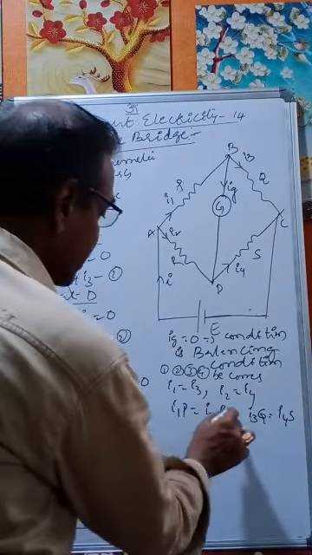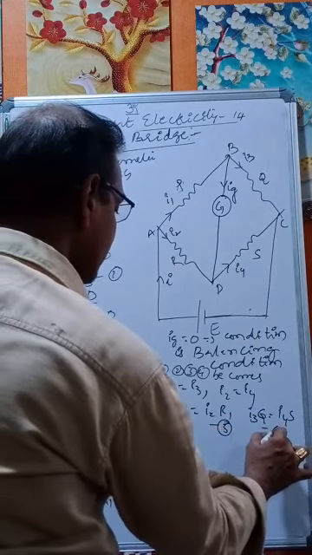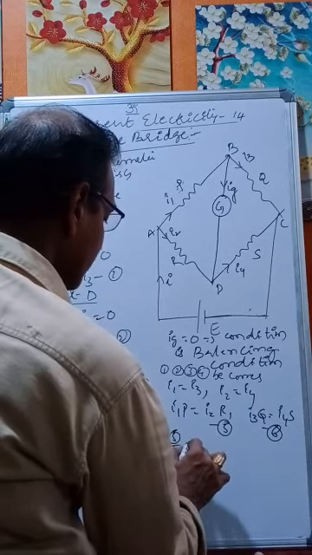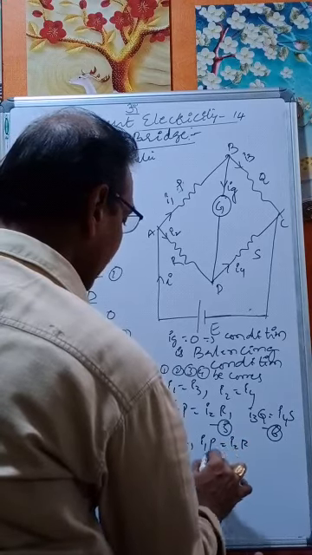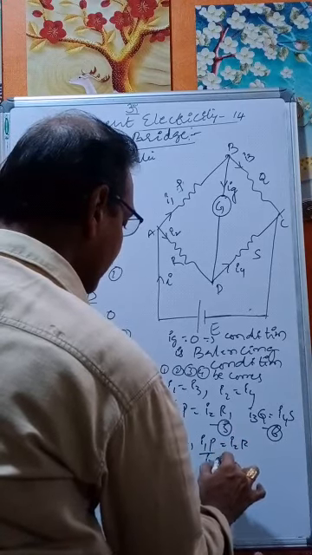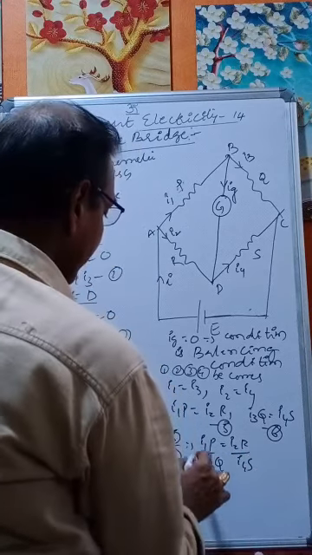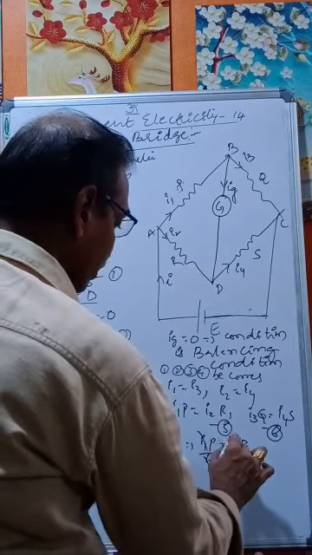Okay. Now divide these equations. Take them as equation 5 and equation 6. Now 5 by 6 implies I1P by I3Q is equal to I2R by I4S. But here I1 is equal to I3, so these two get cancelled. I2 is equal to I4, these two get cancelled.